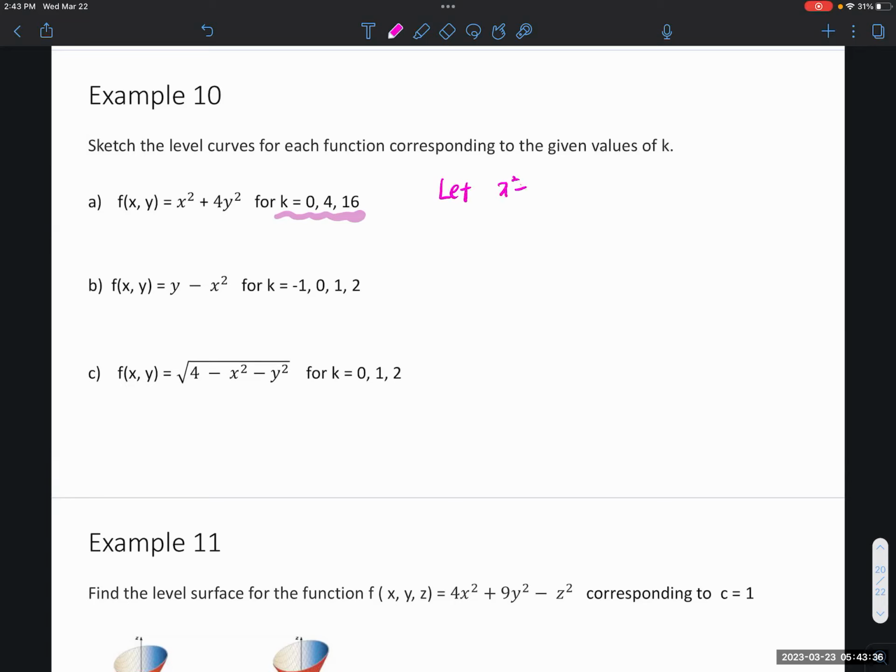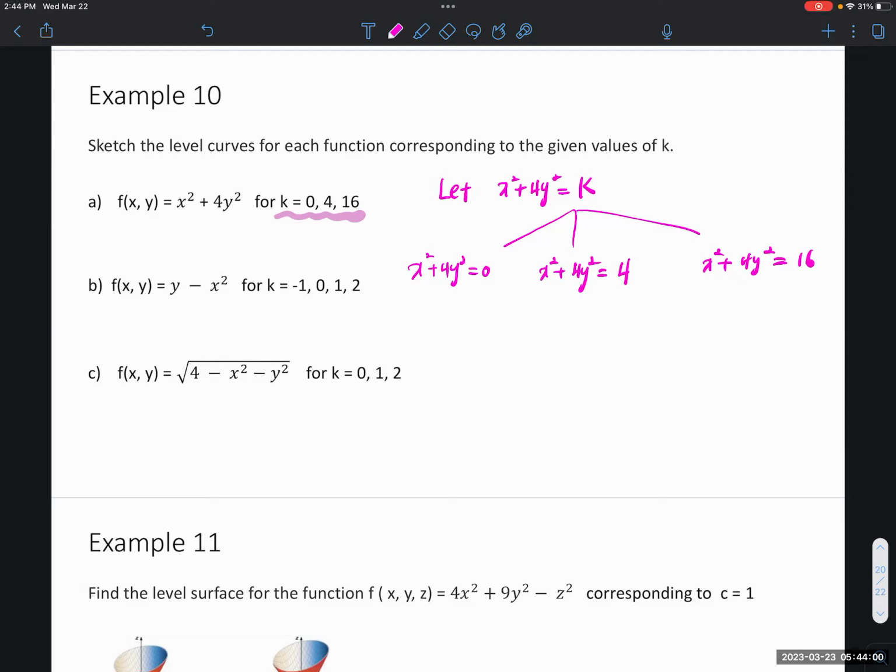x squared plus 4y squared, you can set equal to k, right? And then now you have 3 scenarios. x squared plus 4y squared equal to 0, x squared plus 4y squared equal to 4, x squared plus 4y squared equal to 16.